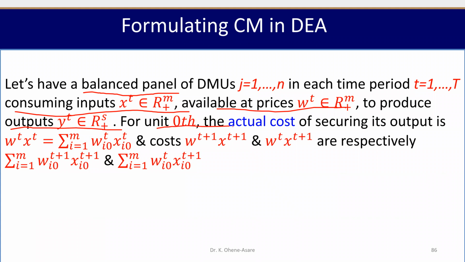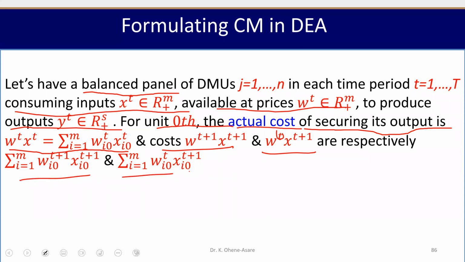For a particular DMU, its actual or observed cost of securing that input is given by this value. And this cost, which is all in year t+1, and this other cost, where you are measuring the unit of the firm in year t+1 but relative to frontier t. All of these are respectively the weighted sum of the input, or the input price times the input. So keep that in mind.